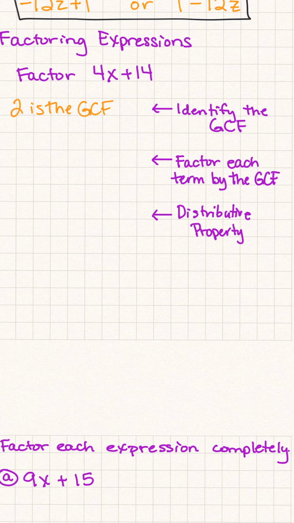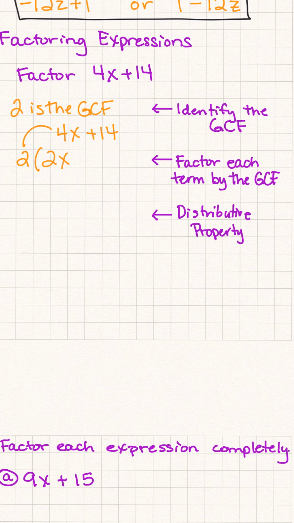Okay. So now factor each term by the greatest common factor. We're going to take 2 and pull it out of 4x and 14. So we have 4x, and if we take 2 out of it, dividing by 2, we're left with 2x.